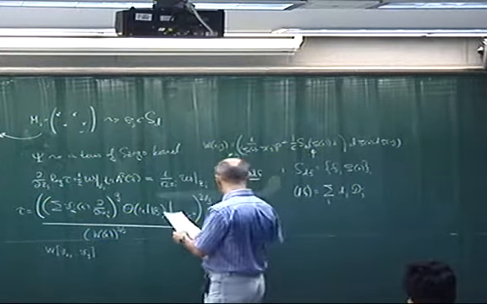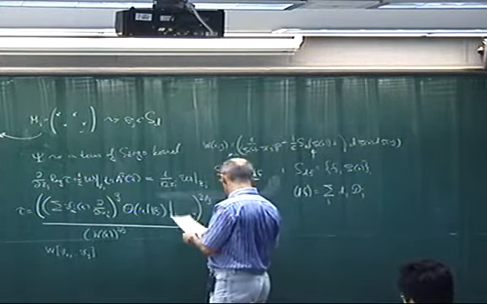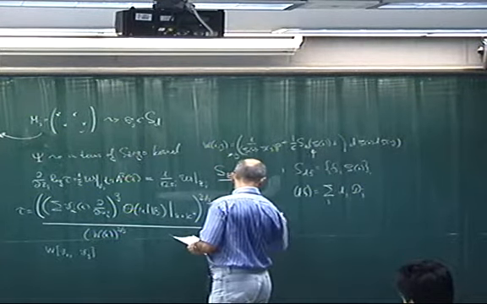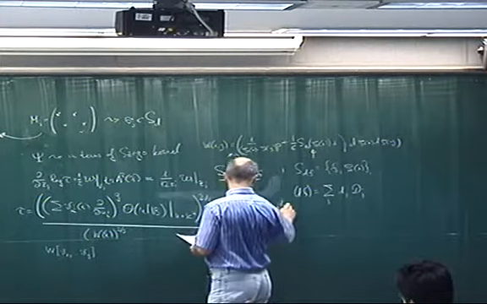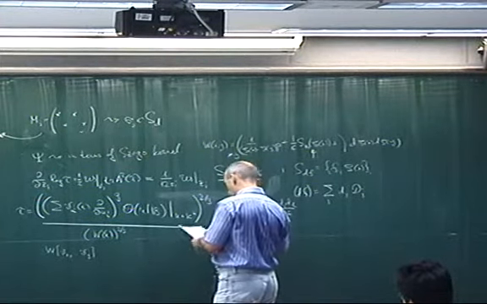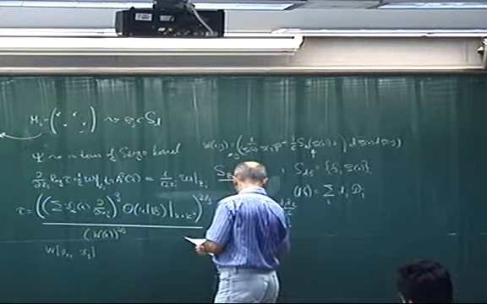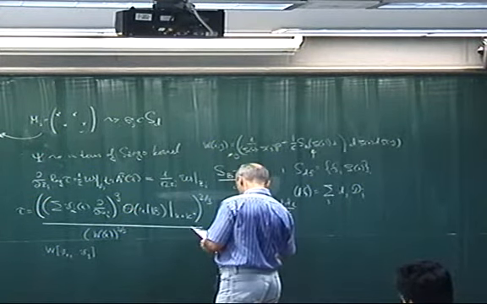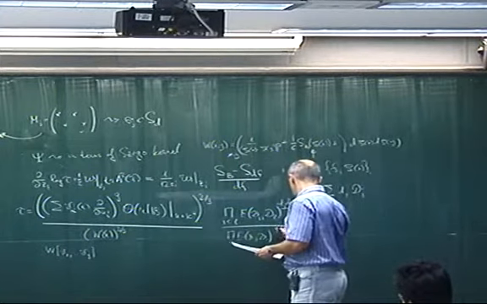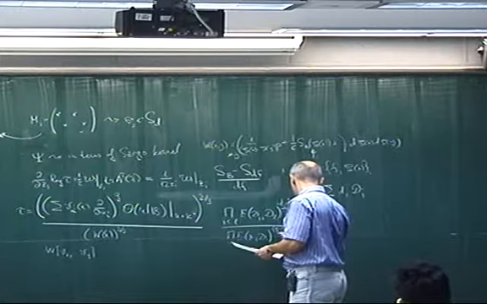And here I have some combination of prime forms, E(D_j, D_l) to the power d_j d_l over 6, divided by the product of prime forms from x to D_j to the power (g minus 1) d_j over 6.